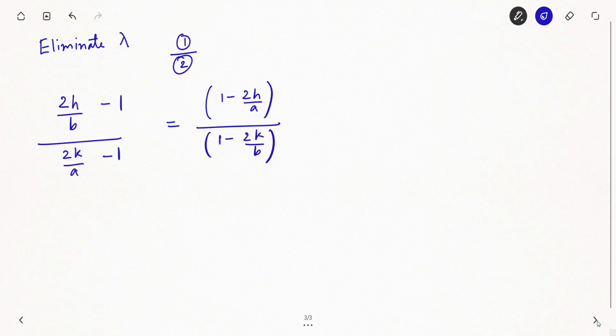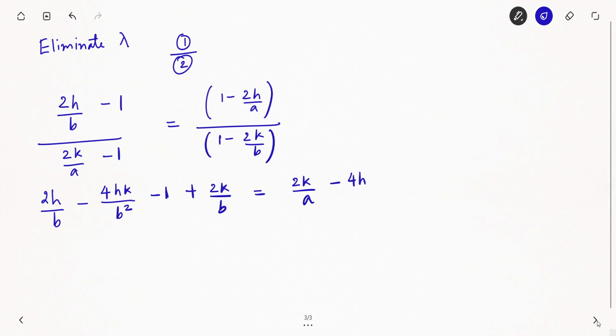Upon cross multiplication I get 2h upon b minus 4hk upon b square minus 1 plus 2k upon b, and on this side 2k upon a minus 4hk upon a square minus 1 plus 2h upon a. The minus 1 will get cancelled.